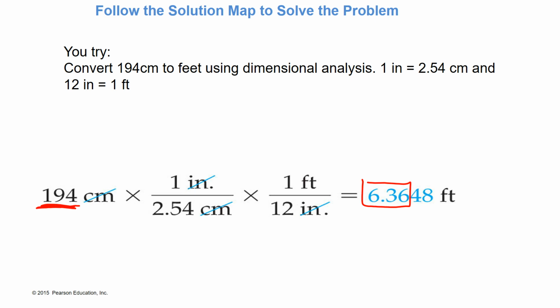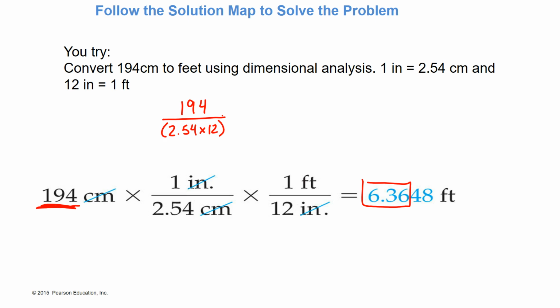Now, going through here, essentially the problem that we're working is 194 over 2.54 over 12, or 194 divided by 2.54 divided by 12 is the other way to do that.